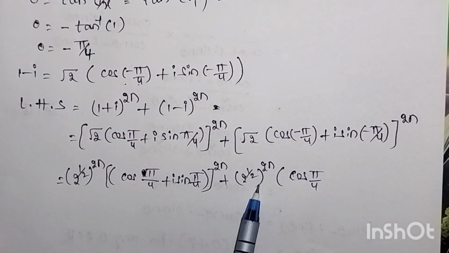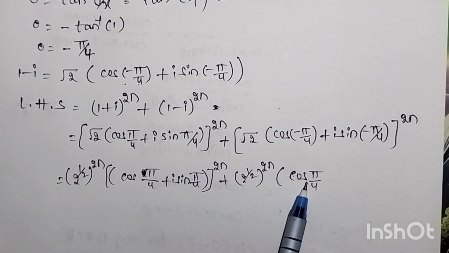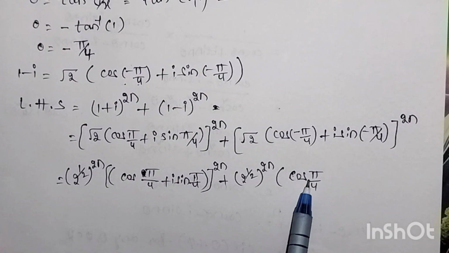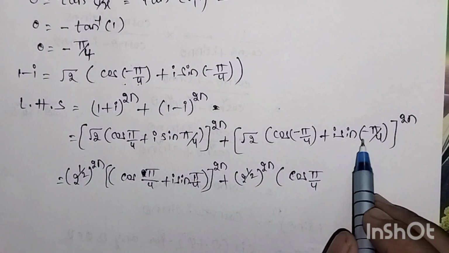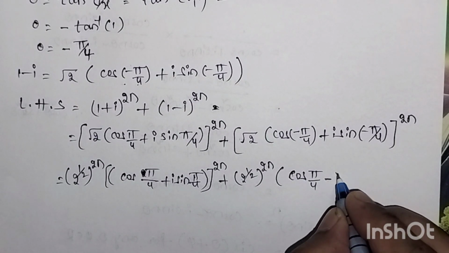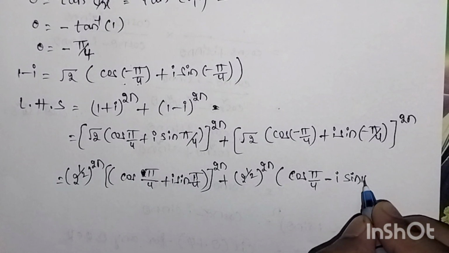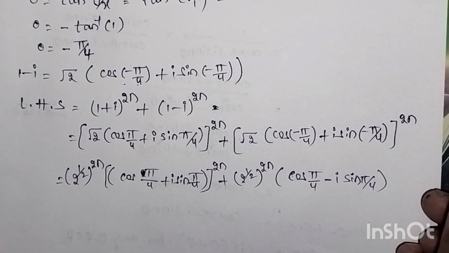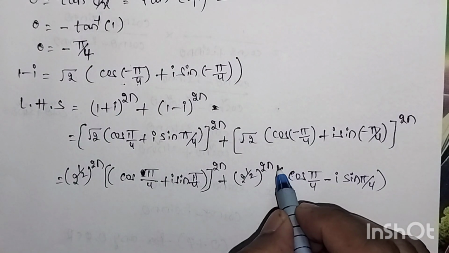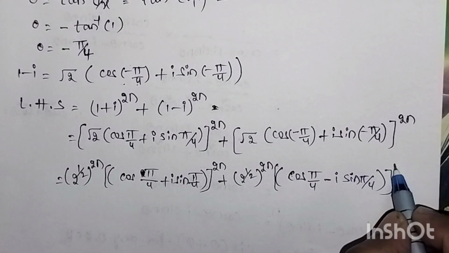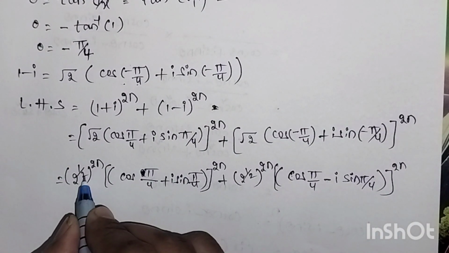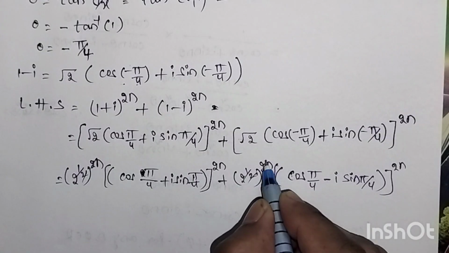2 power 1 by 2 whole to the power 2n of cos minus theta, again cos theta, so cos pi by 4, sin minus theta is minus sin theta, so minus I into sin pi by 4, whole to the power 2n. Now here the 2s cancel.